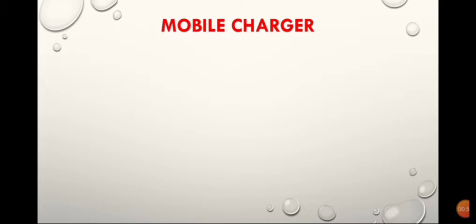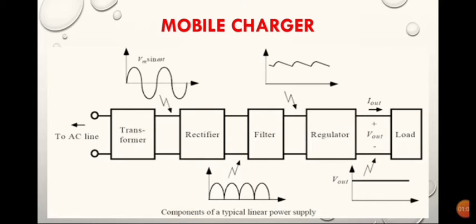So for that purpose, let us see this block diagram. These are the different blocks which are connected in your mobile charger. These are the two pins that you connect to the AC line. The AC means the switches at your home.